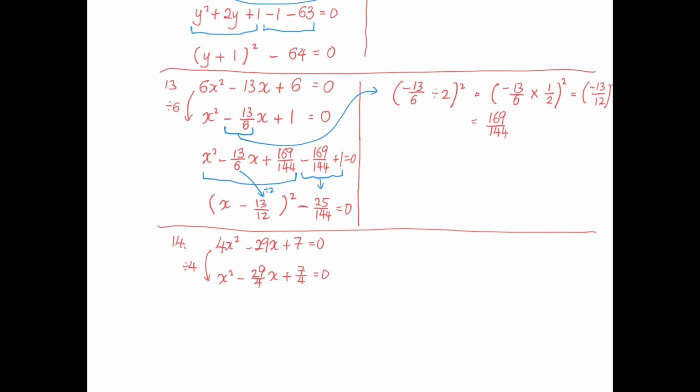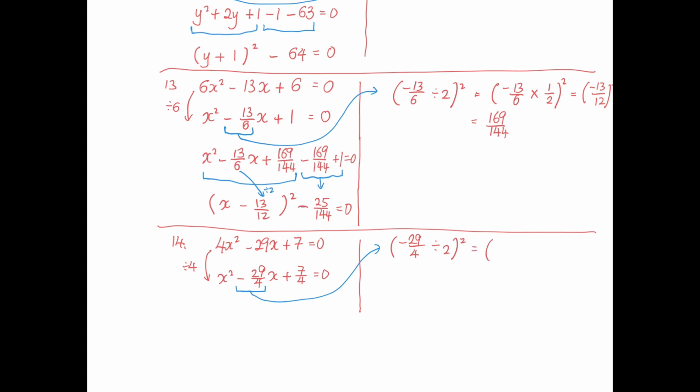Again, we focus on the second number and do the same as just now. We divide by 2 and we square it. So minus 29 over 4, you divide by 2, then you square.